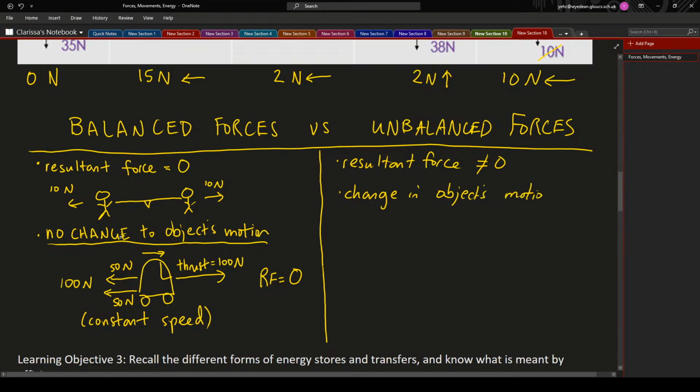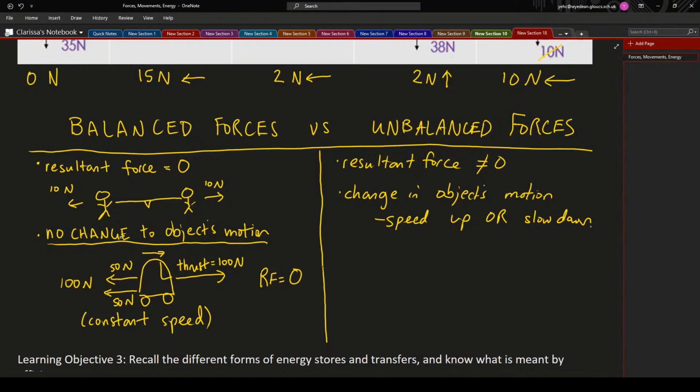So it's either going to speed up or slow down. And when an object starts moving, it's speeding up, right? Because it's going from 0 to whatever its new speed is. So it's either going to increase in its speed or it's going to slow down.